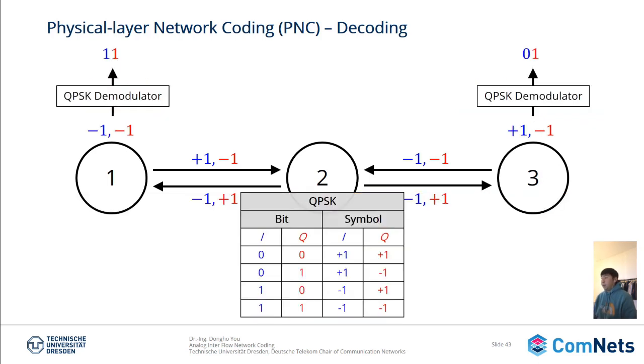Finally, they demodulate the symbol signals into bits. Even if it seems complicated, actually it's very simple when they know the mapping rule. Therefore, they transmit and receive 4 bits during only 2 time slots.